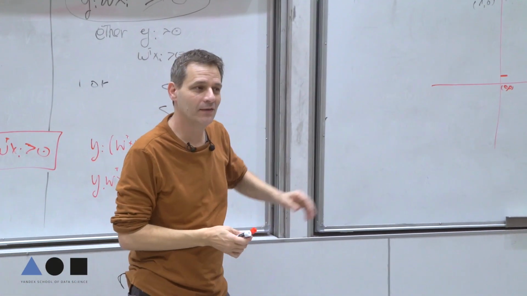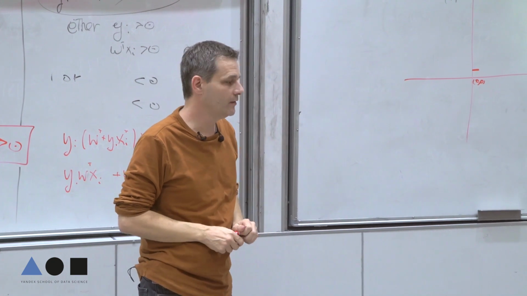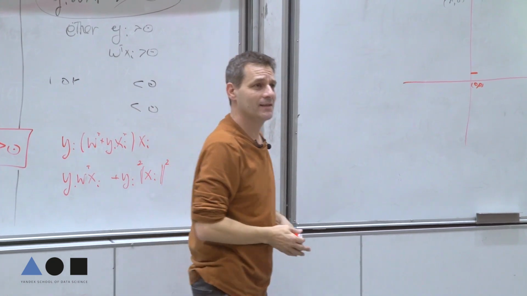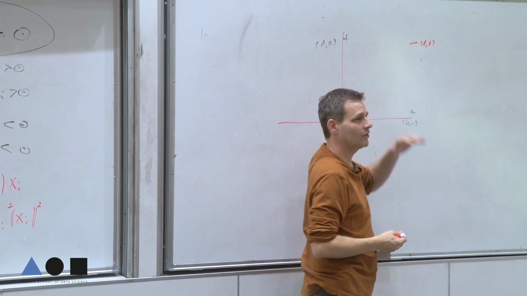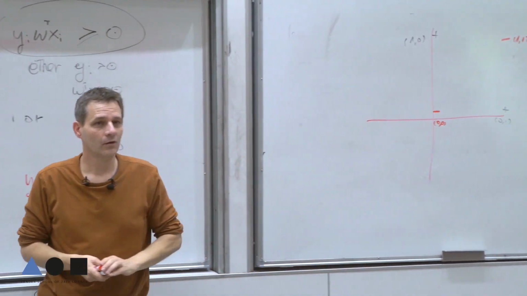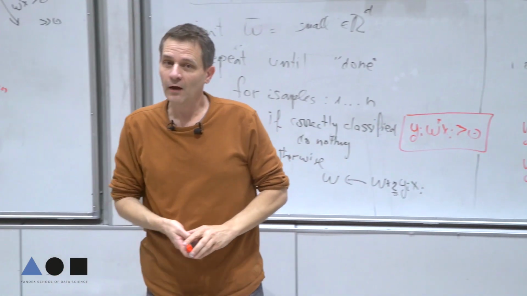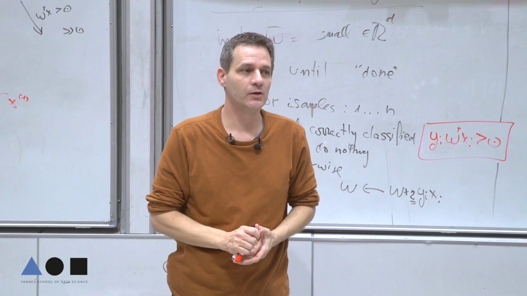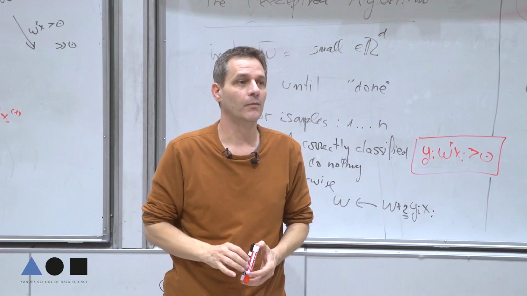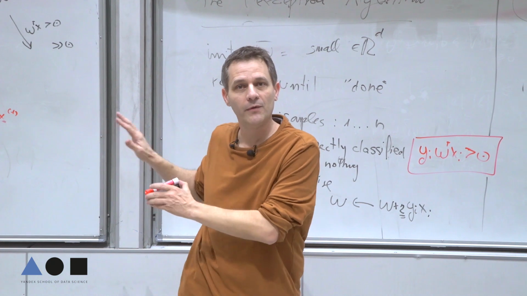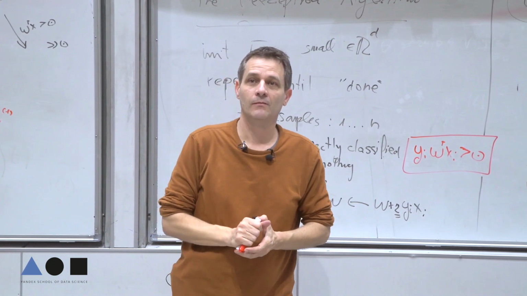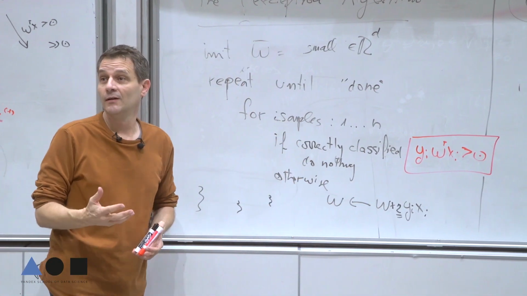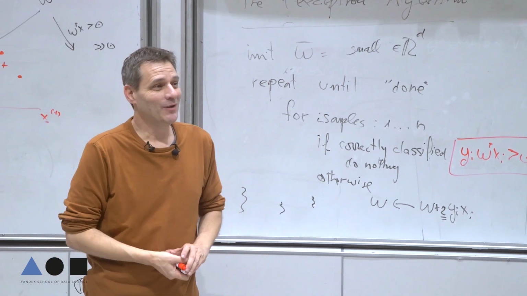Convince yourselves that this is not linearly separable. Try to imagine a line that separates them. You cannot do that. So this is a strong example, because it shows you a very easy problem that is not learnable with perceptrons, because it's not linearly separable.